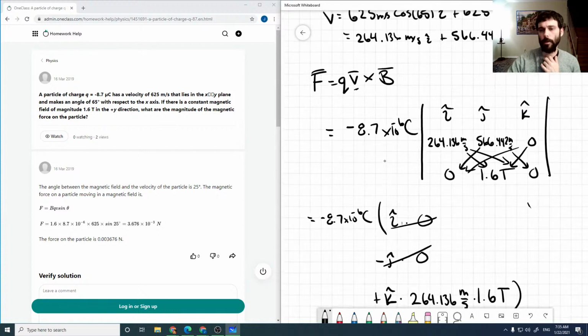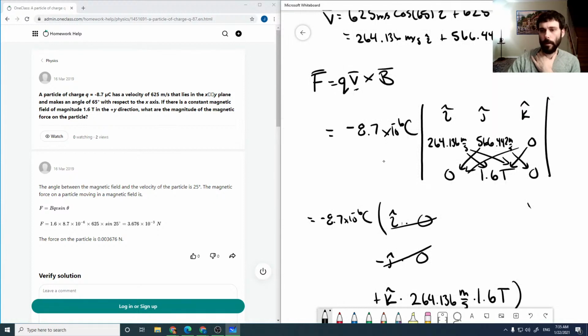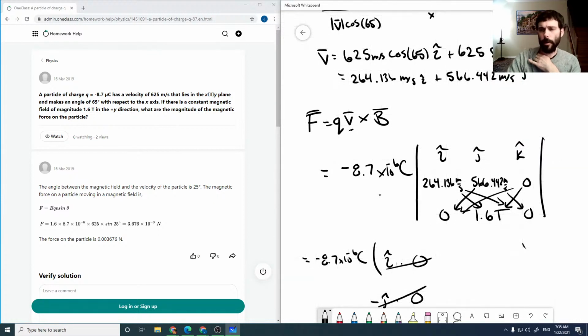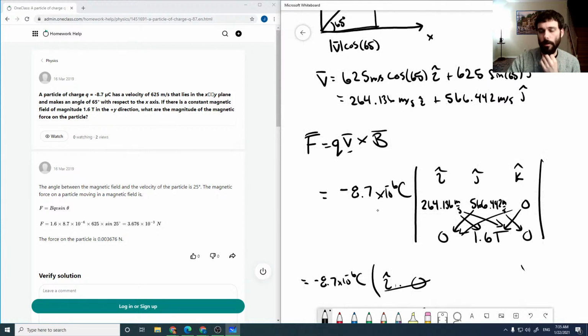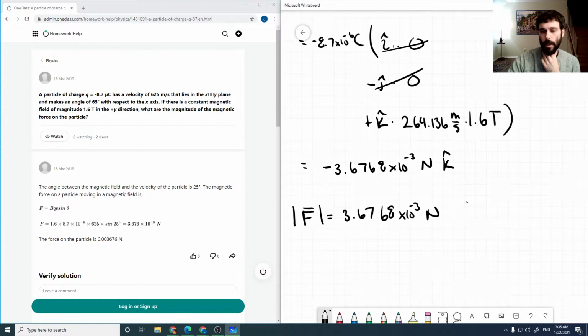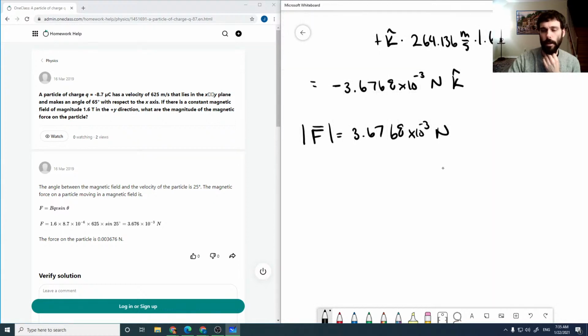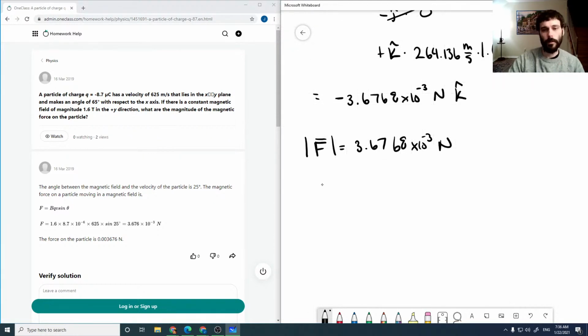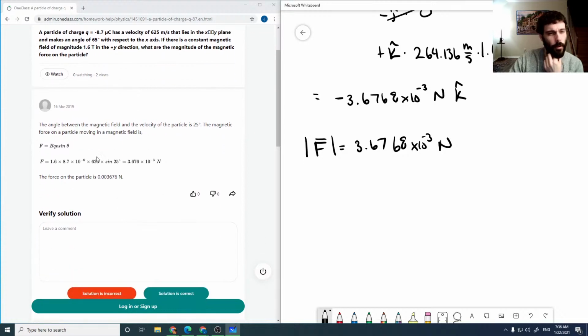Obviously, right from the get-go, we could have said that because the B field was in the j hat direction, or the y direction, we could have just multiplied our x velocity by our B field to get our force in the k direction.